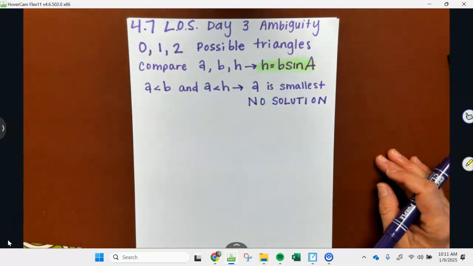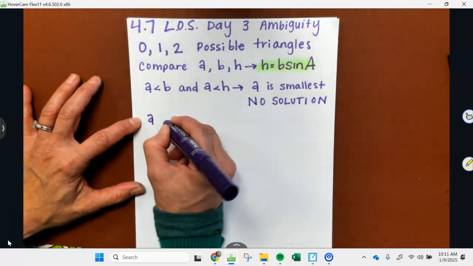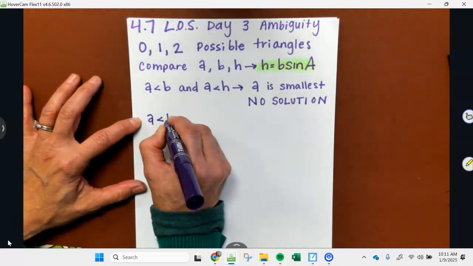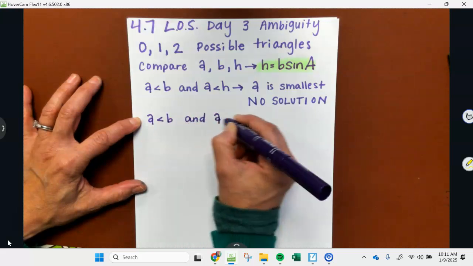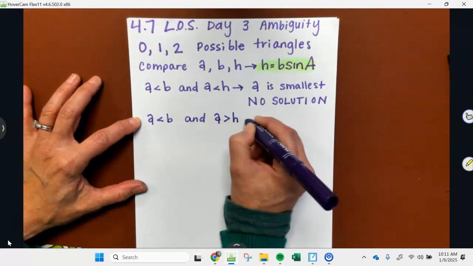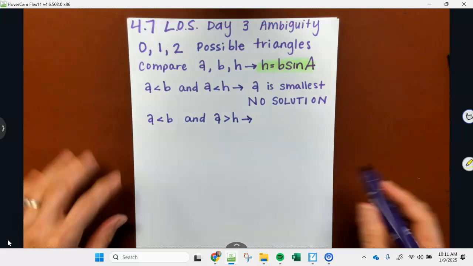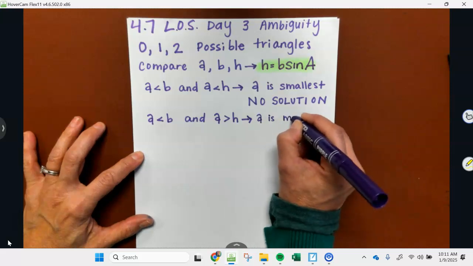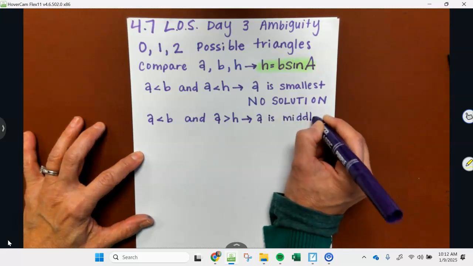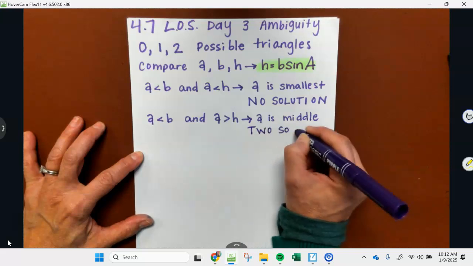Impossible. All right. If A is less than B and A is greater than H, then that means A is the middle. That means two solutions exist. That's a lot of work. A is middle, and there's going to be two solutions.